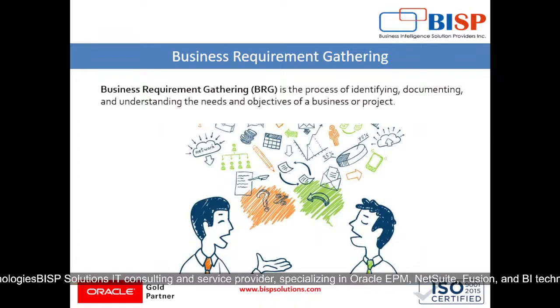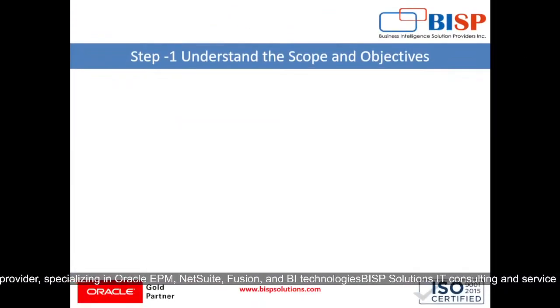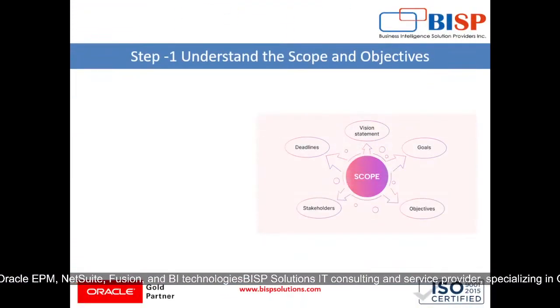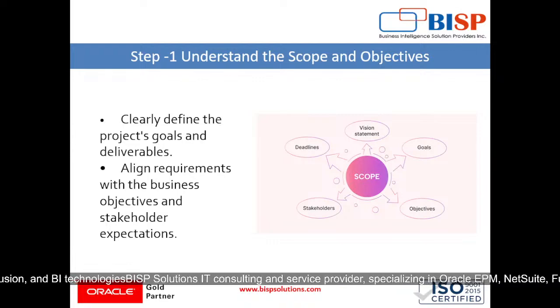This is a crucial phase in any project as it ensures alignment between business goals and the final deliverable. The key objectives of business requirement gathering: step 1 is understanding the scope and objectives. It clearly defines the project goals and deliverables, aligning requirements with the business objective and stakeholder expectation.